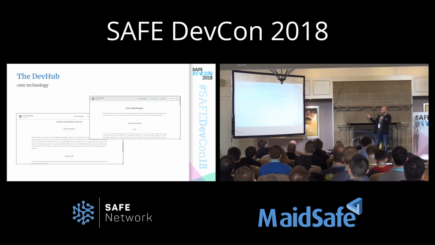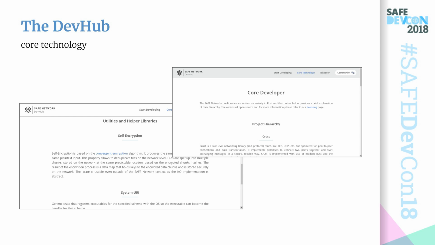There is another section which is intended to have more details about the core concepts, if you want to do some core development and start contributing code to the code base of the network itself.